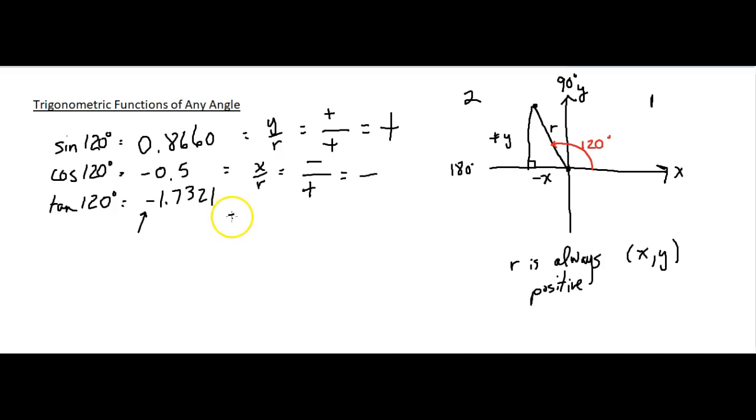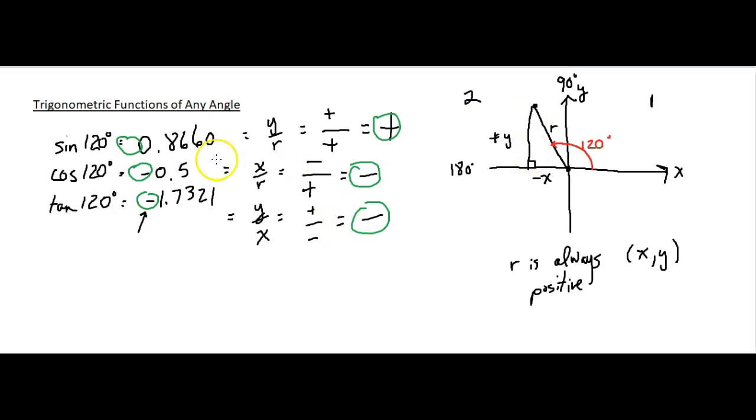And tangent is y over x. So that means we will have positive over negative, which will result in a negative. And we actually saw that, right? Negative tangent value, negative cosine value, and positive sine value when we were in quadrant 2.